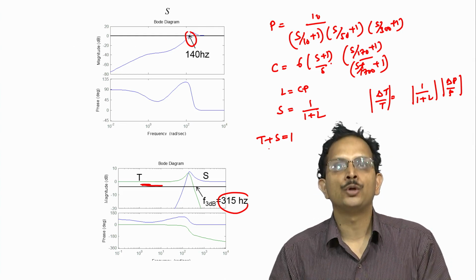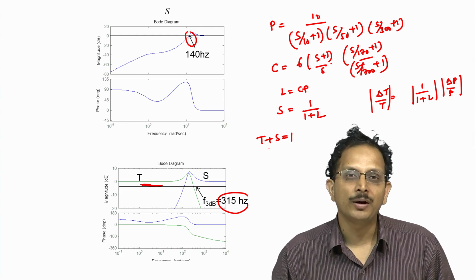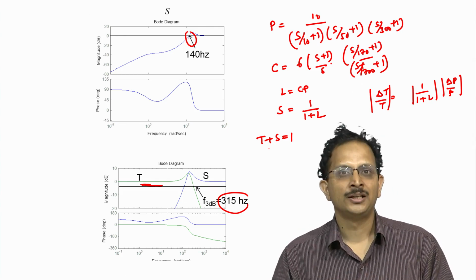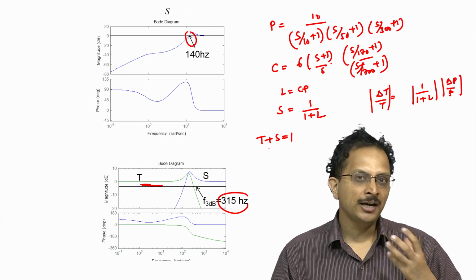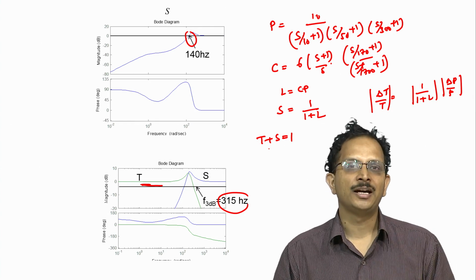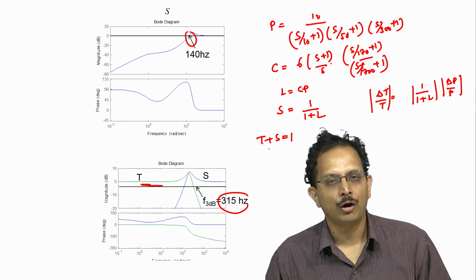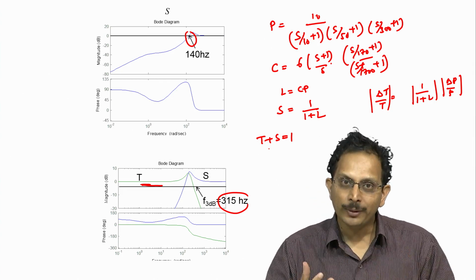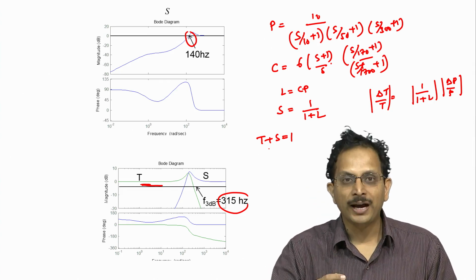There is nothing we can do about it if we are stuck with a 1 degree of freedom control architecture. Hence, the inability to independently design the sensitivity function S and the transmission function T is an important drawback of 1 degree of freedom control architecture.